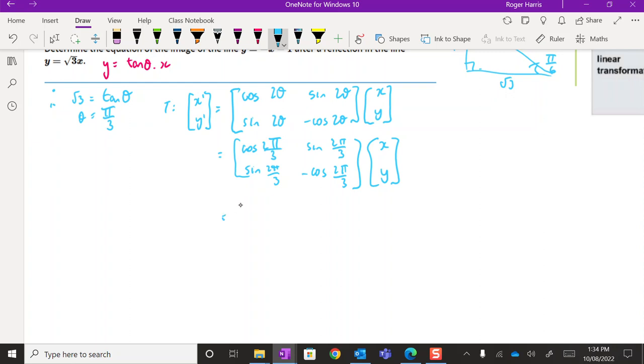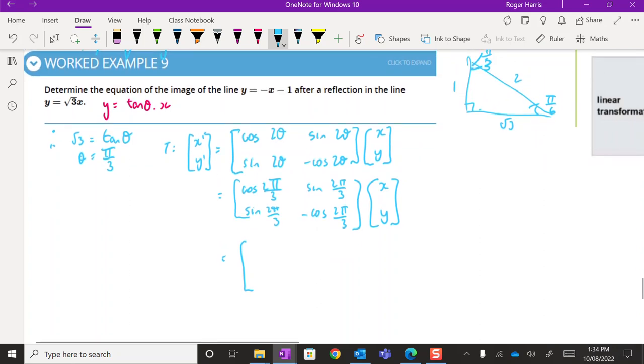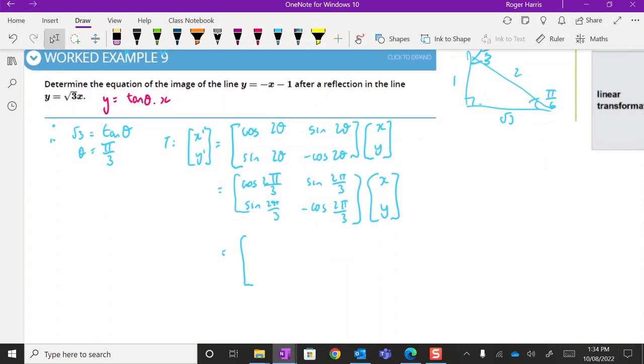Using the exact triangles across the top, there is going to be cos 2 pi on 3. So I'm going to go slow. Cos 2 pi on 3 is in the second quadrant. Okay, so in the second quadrant, cos is going to be negative, and it's going to be the same as negative pi on 6, which is going to be the same as negative a half.